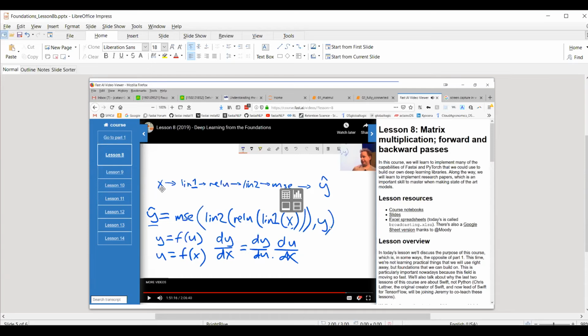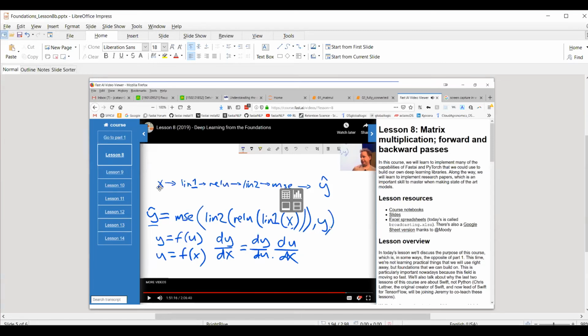Validation has 10,000 examples, and each example is a 28 by 28 image. But you flatten those images. 28 times 28 is 784. So X has a shape, if it's the validation data, of 10,000 rows by 784 columns, right?